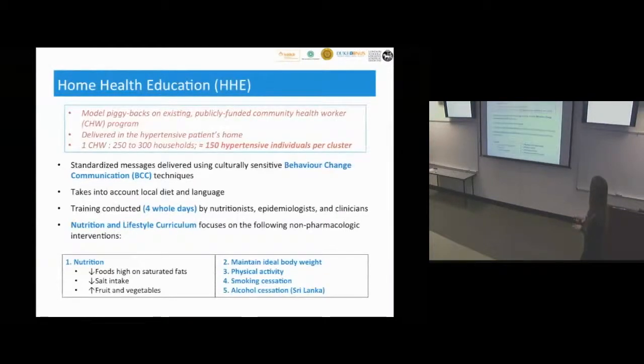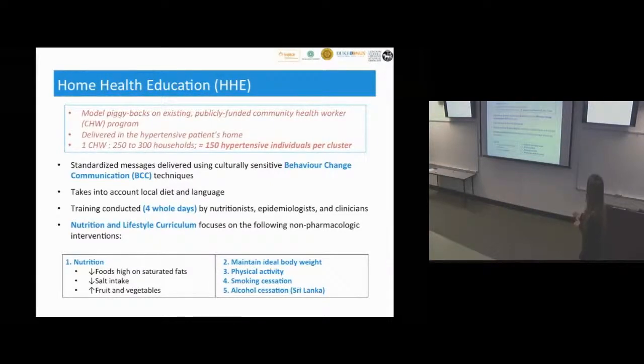For home health education, again, it's standardized messages using a culturally sensitive behavior change communication strategy that takes into account local diet and language. This training is conducted over 4 days by nutritionists, epidemiologists, and clinicians. We have an extensive nutrition and lifestyle curriculum, which I've shared with you, covering maintaining nutrition, maintaining ideal body weight, physical activity, and smoking cessation.